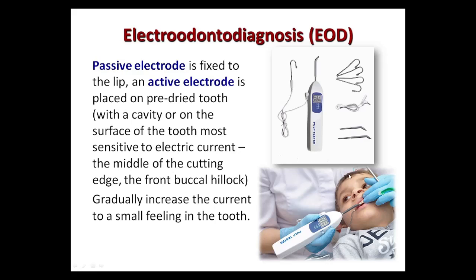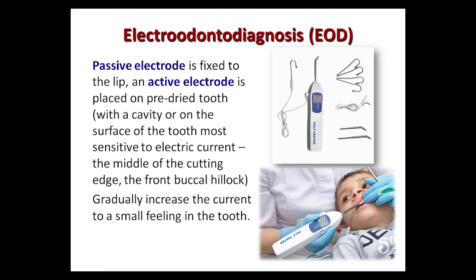Place it on the tooth with cavity or on the surface of the tooth most sensitive to electric current, for example, in the middle of the cutting edge or front buccal hillock.